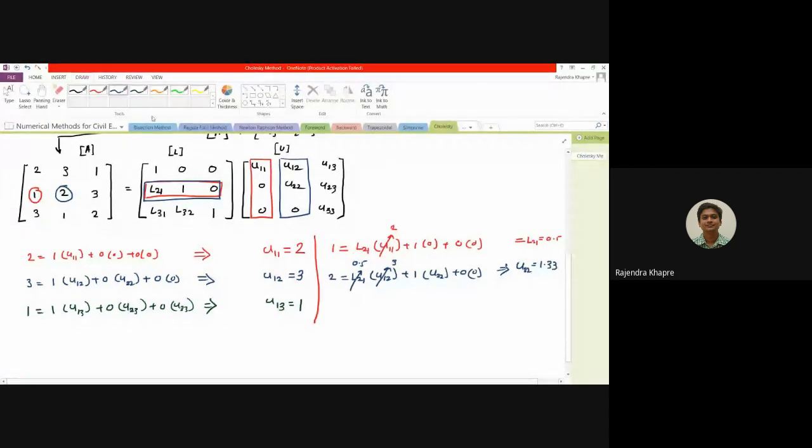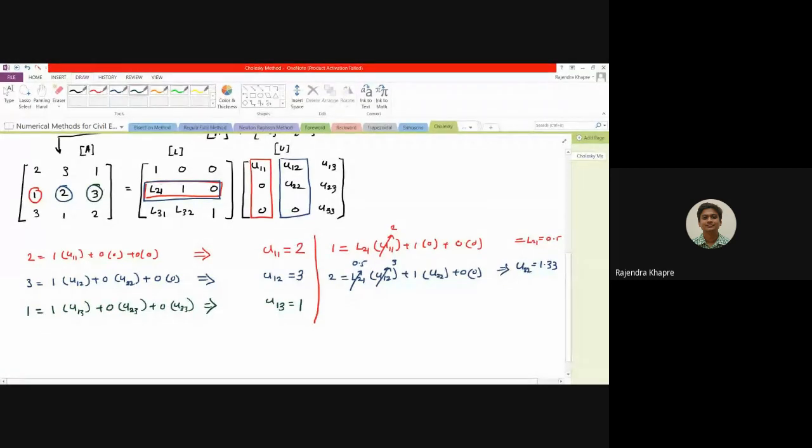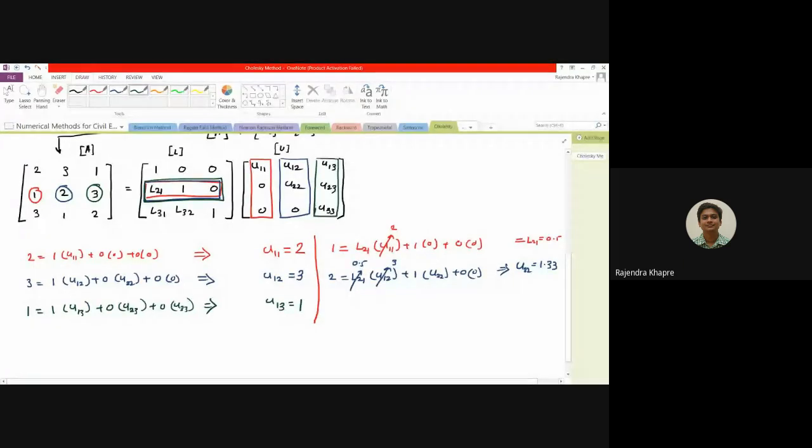Okay. Now on similar lines we can have this 3. So this 3 can be obtained by taking the product of this particular row with this particular column. Sorry? U22 is 0.5. Okay.